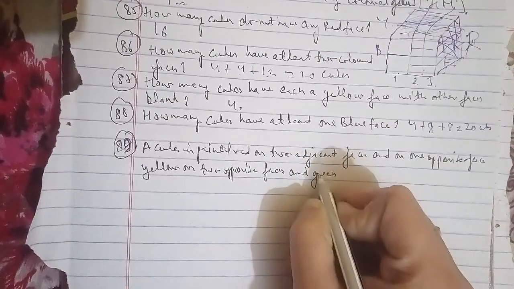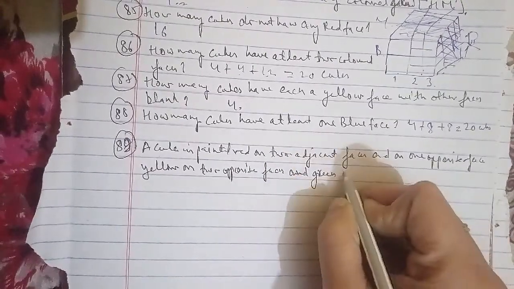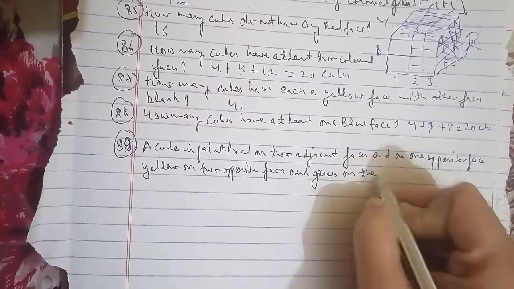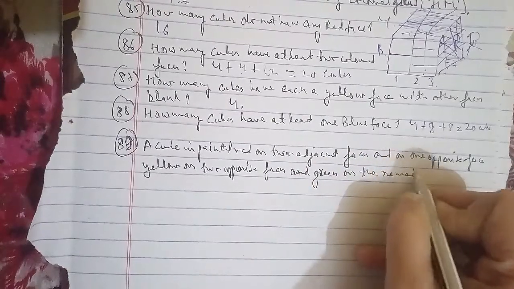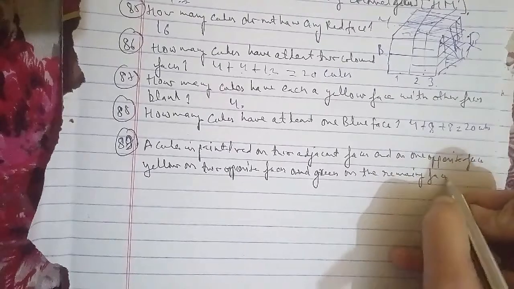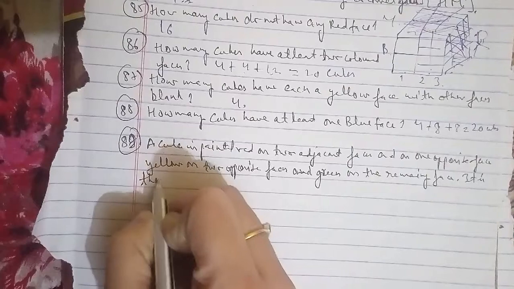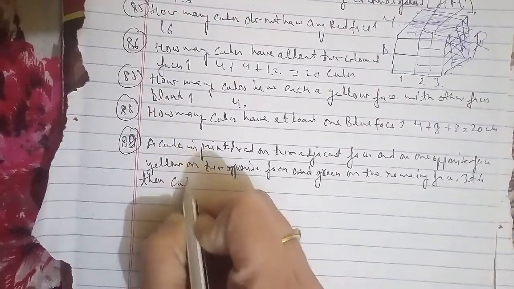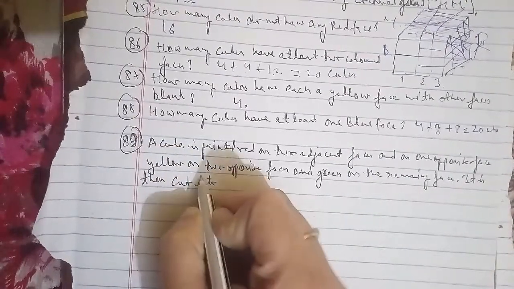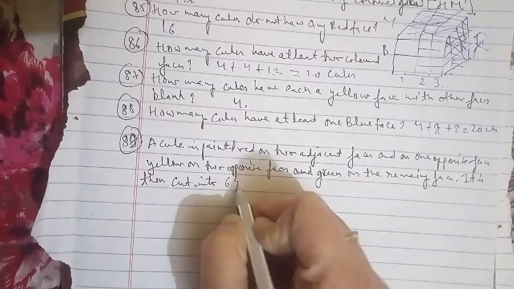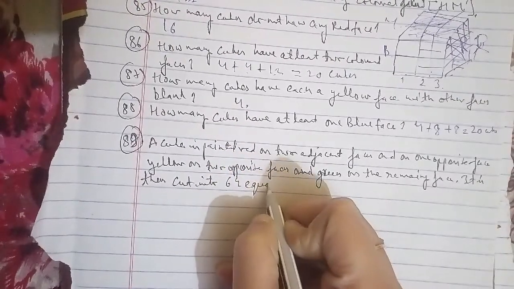The 90th question here is, how many cubes have only one red colored face?